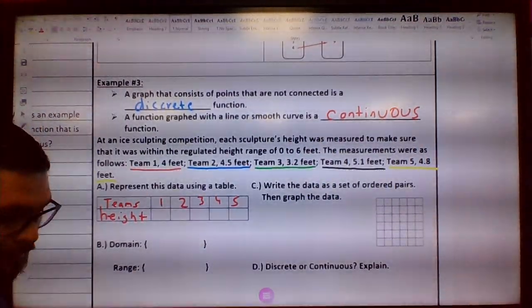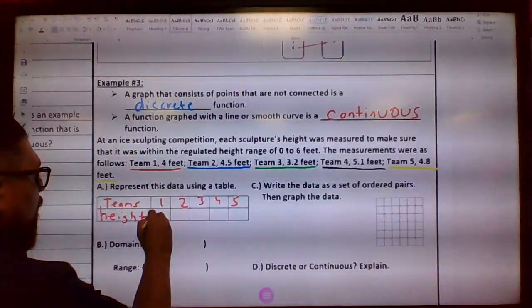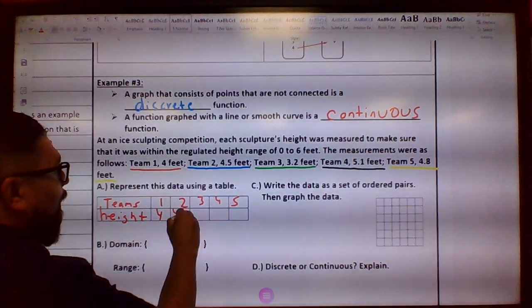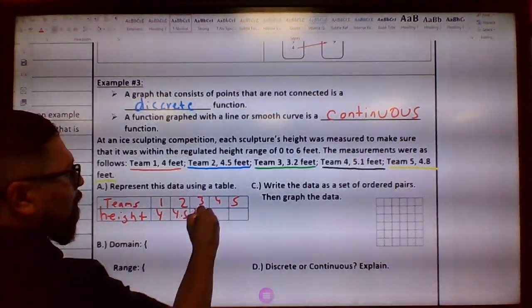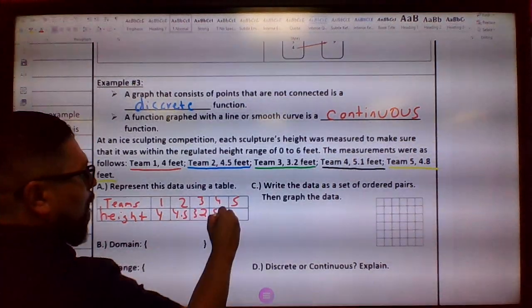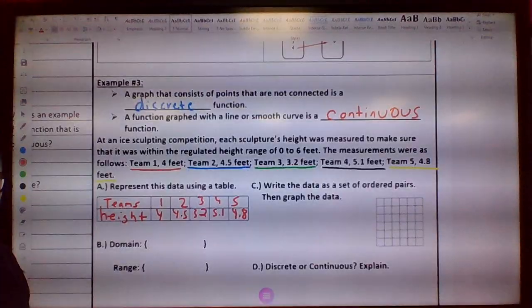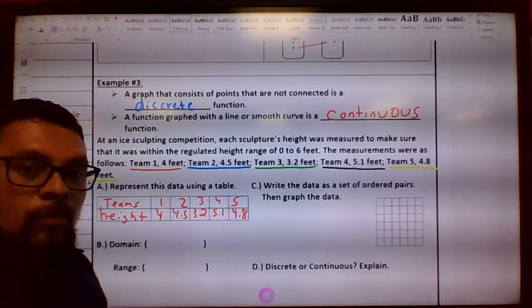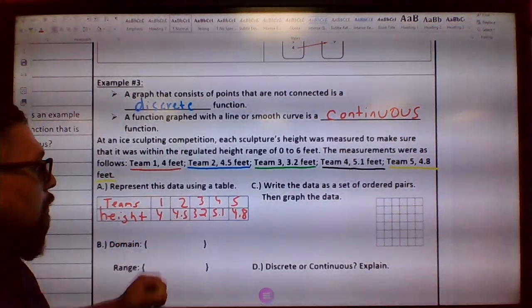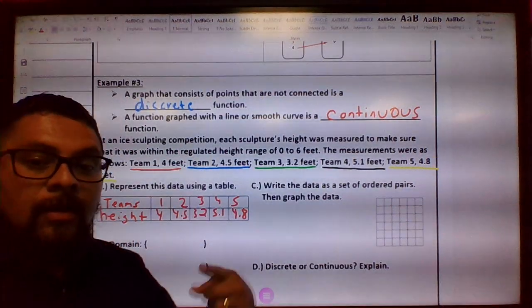And then the measurements for them: 4, 4.5, 3.2, 5.1, and 4.8. All right. So we'll continue with B, C, and D on the next video.